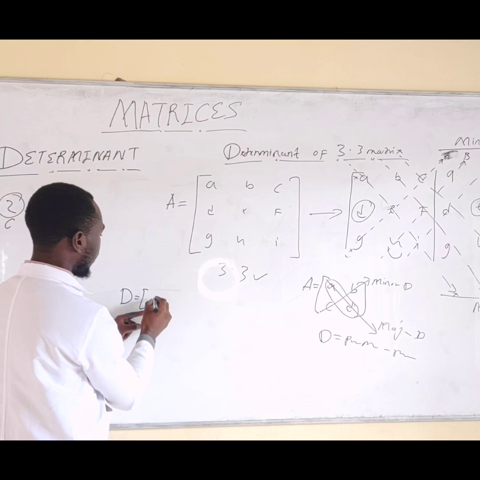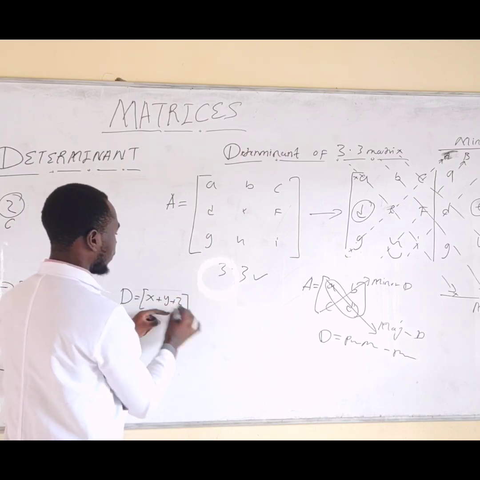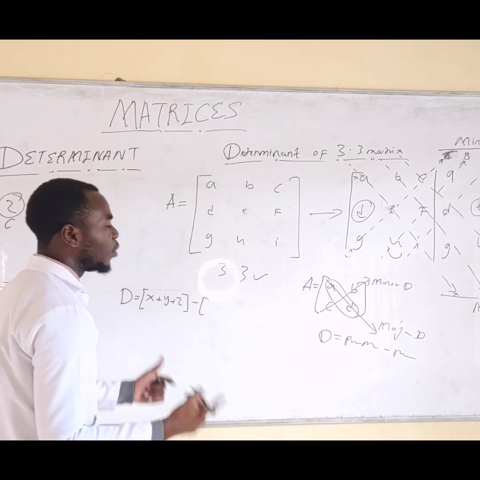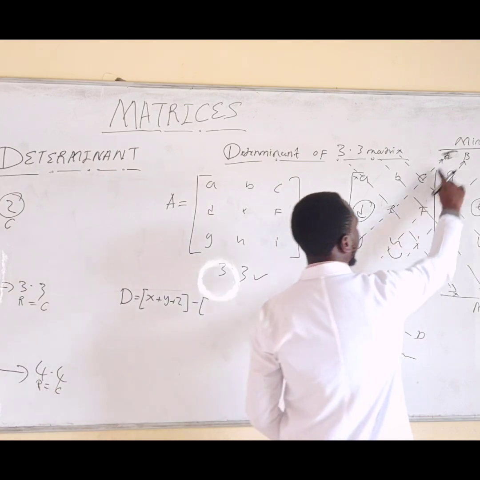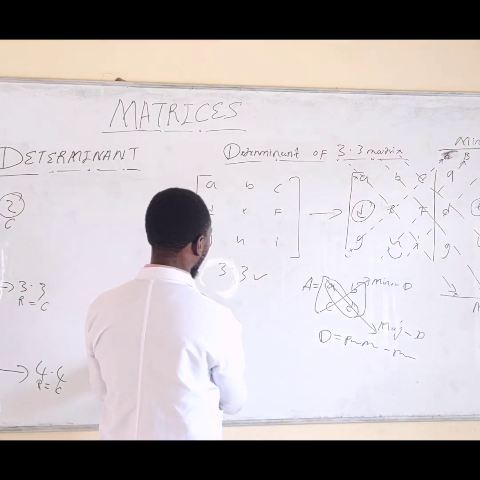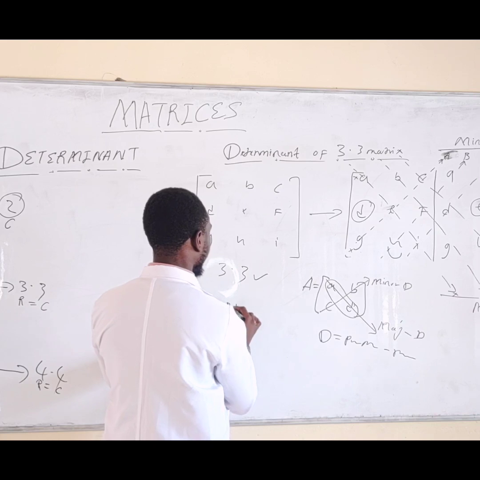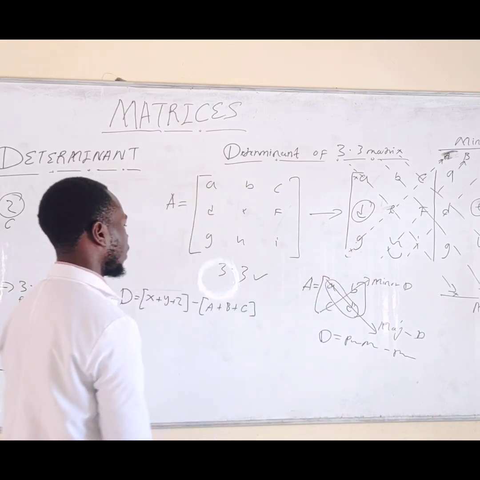So they are just x plus y plus z, in brackets like this. Then minus the summation of products of minor diagonal lines: your first minor diagonal A, plus your second minor diagonal B, plus your third minor diagonal C.